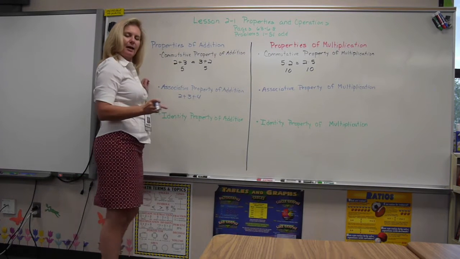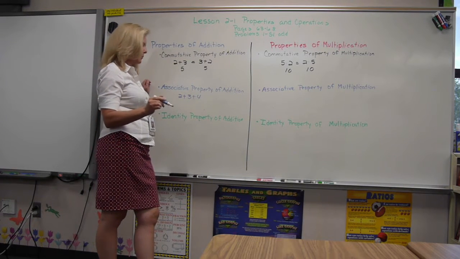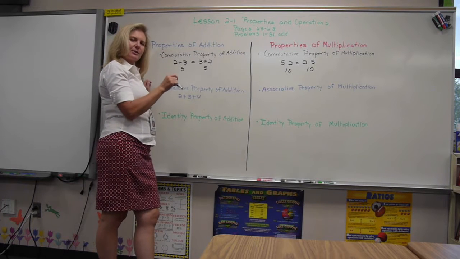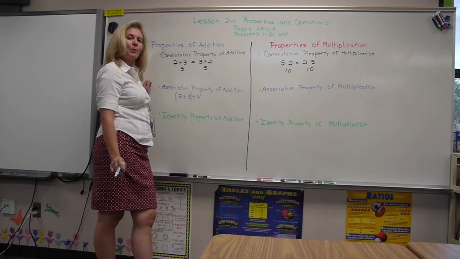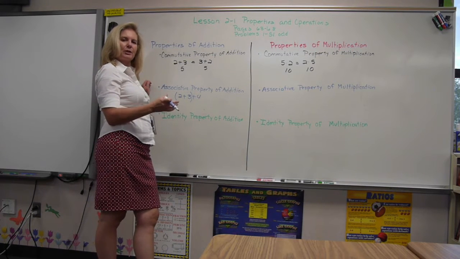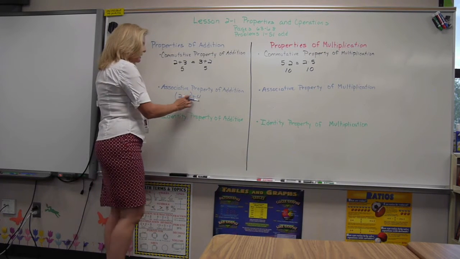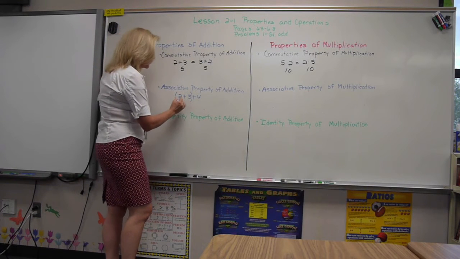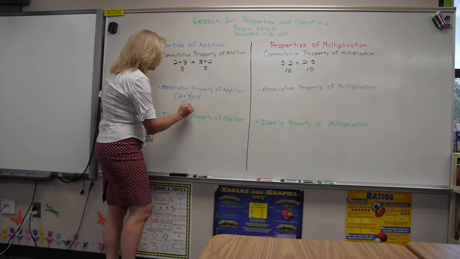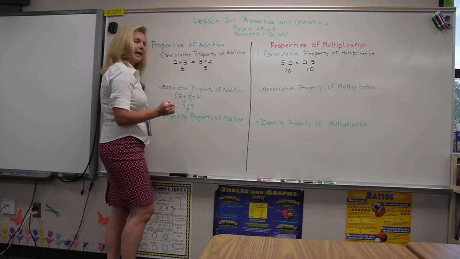I'm only using plus signs. I'm not doing order of operations. The other thing with the associative property is we use the grouping symbol of parentheses to say what we want to do first. So if I solve 2 plus 3 plus 4 and I do 2 plus 3 first, that's 5 plus 4, which is 9.